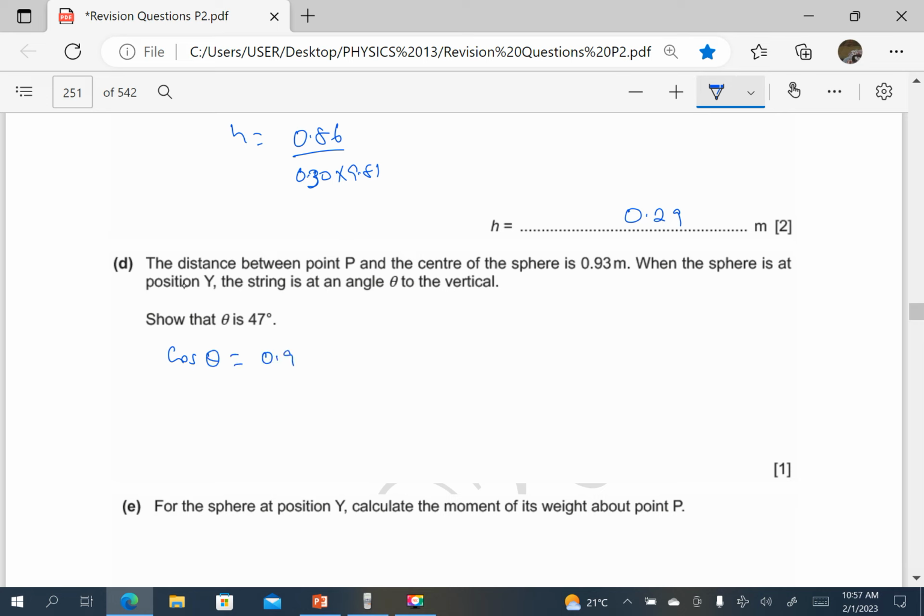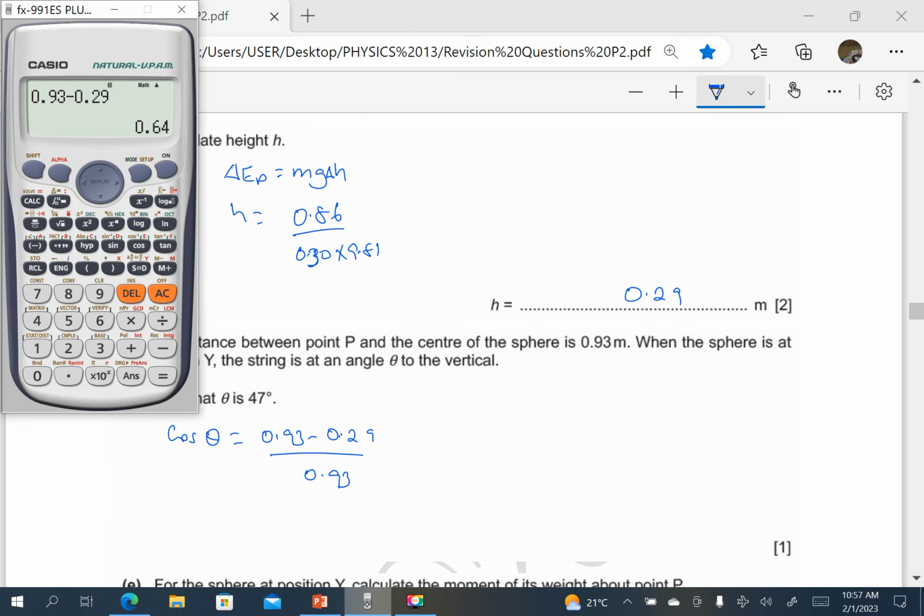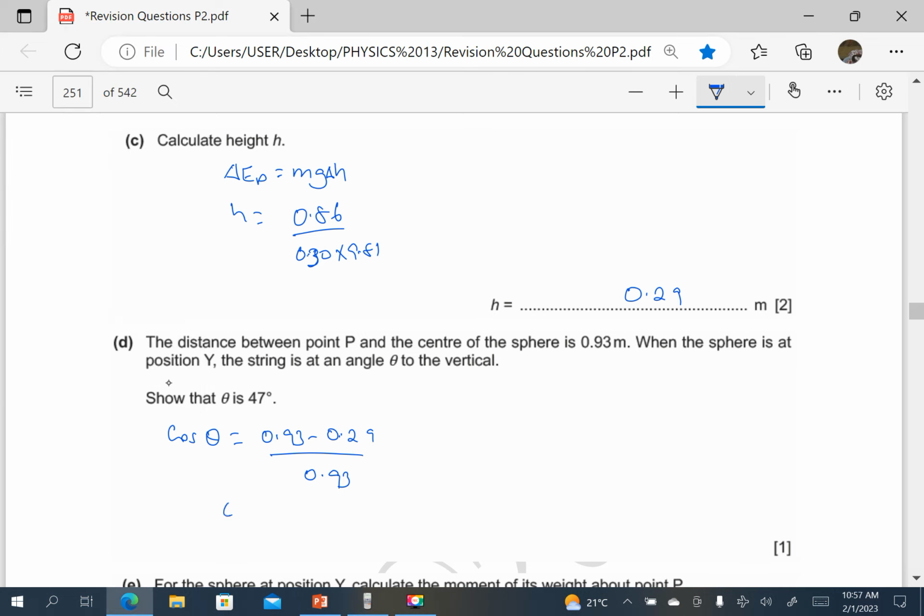Remember, it was 0.93 minus 0.29, divided by 0.93. Shift arc cos of the answer. So that gives us 46.5. So theta is equal to 46.5 degrees, which is approximately 47 degrees.